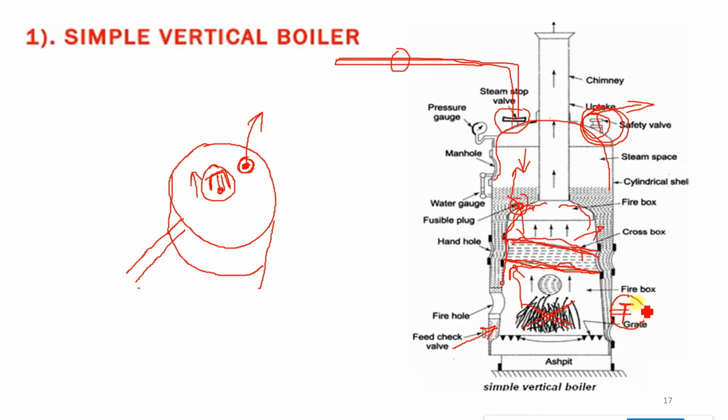When this blow off cock is open, high pressure steam pushes this water, and this water comes out of the boiler with very high velocity, which also takes the impurities outside, and which decreases the concentration of sediments, salt and impurities of the water. This is one application.